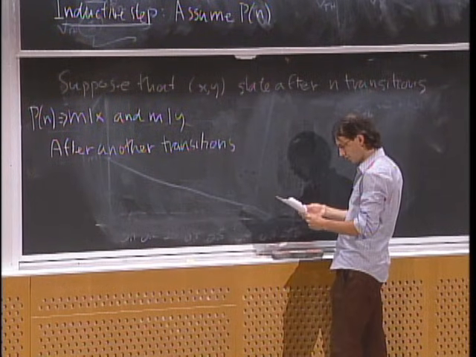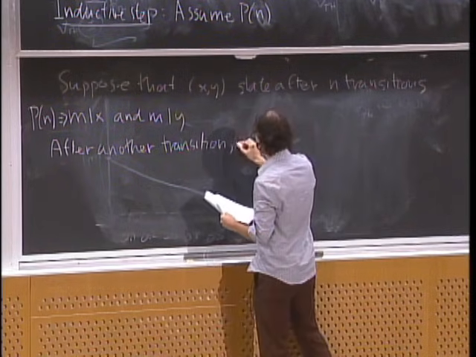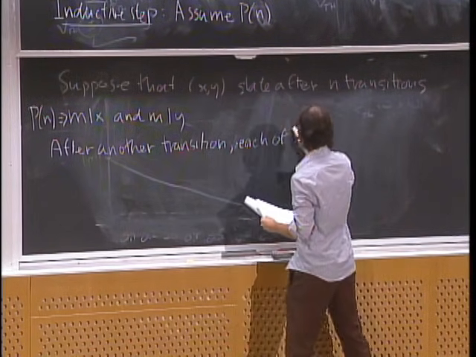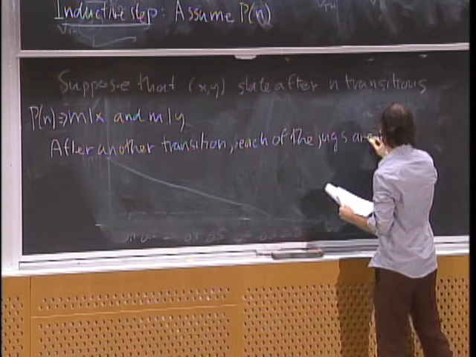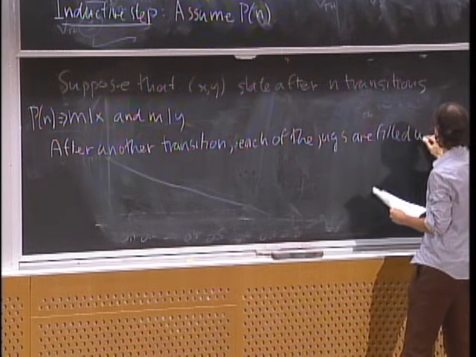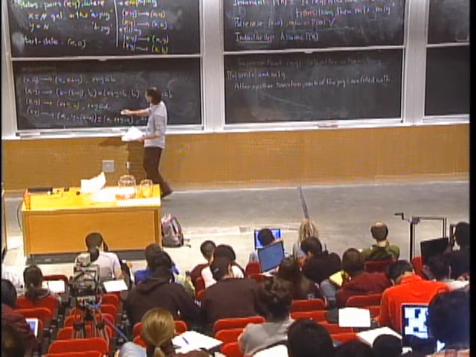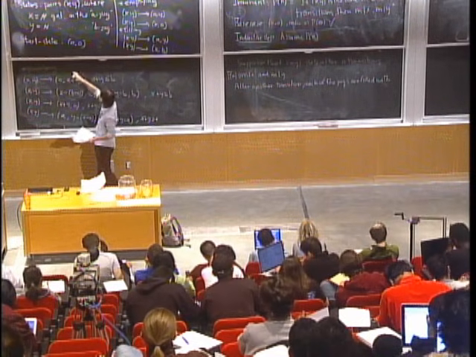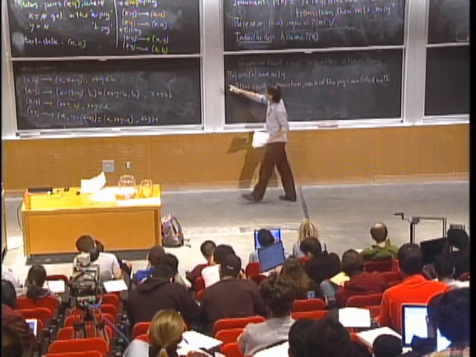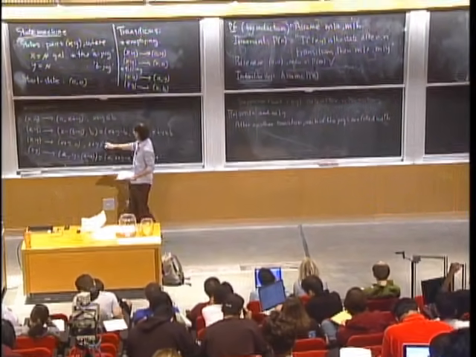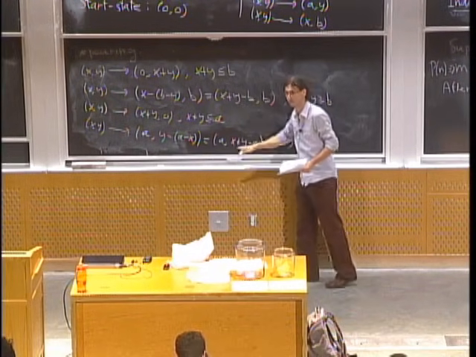After another transition, each of the jugs is actually filled with, well, either, if I've emptied it, 0 gallons, A, B, x, and y, I see appearing over here. And I also notice that I see x plus y, and x plus y minus B, and x plus y minus A.